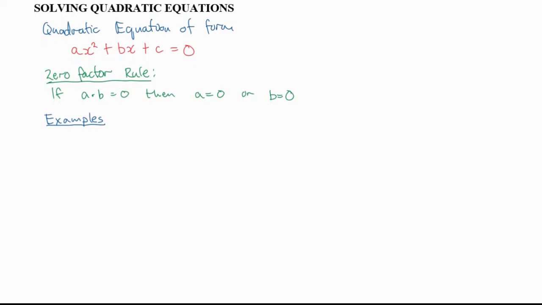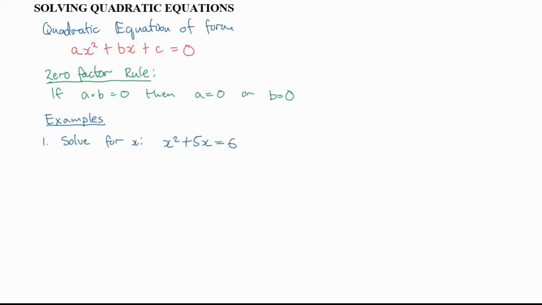The first example is to solve for x: x squared plus 5x is equal to 6. Now this equation has to go into that standard form for us to be able to solve it, because it has a term in x squared and a term in x, and the constant is on the other side, so we need to bring everything to the same side.